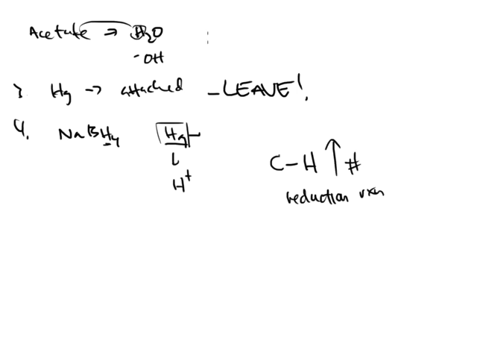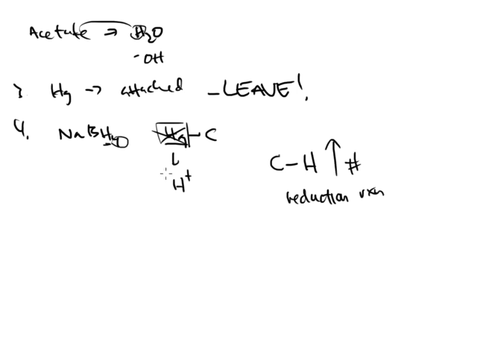It's going to look at the mercury bond to the carbon, and it's going to go, gotta go, you're out. And that mercury leaves, and it gets replaced with a hydrogen, and that hydrogen's coming from sodium borohydride. Well, that increases the number of C to H bonds, and in organic, that is by definition a reduction reaction. So now you know where the name comes from.